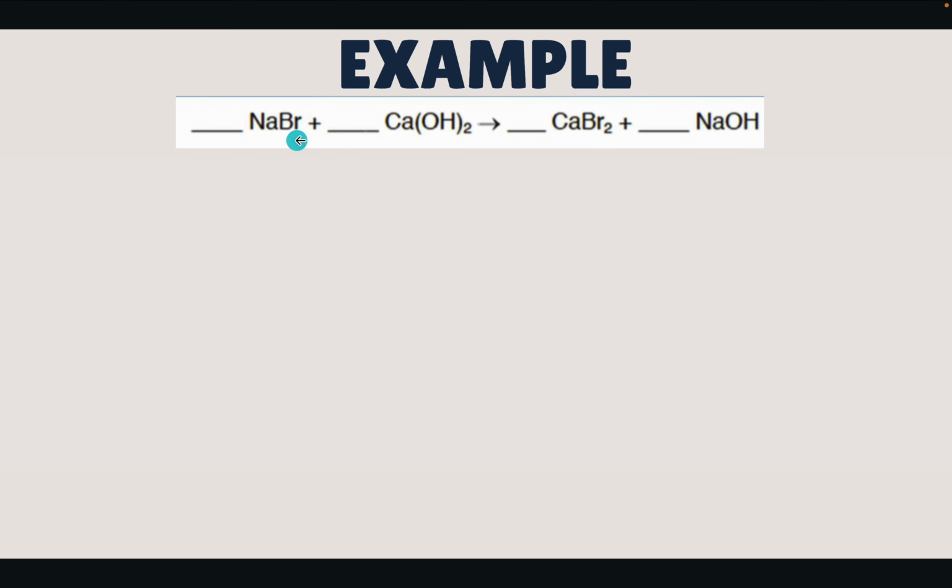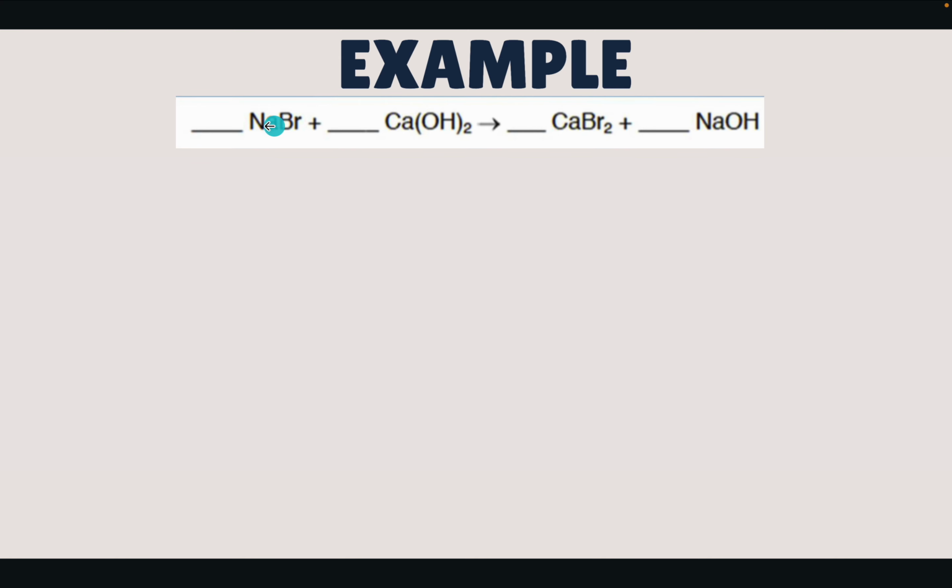So sodium bromide plus calcium hydroxide is going to turn into calcium bromide and sodium hydroxide. So which type of reaction is this? If you said double replacement, you are right.